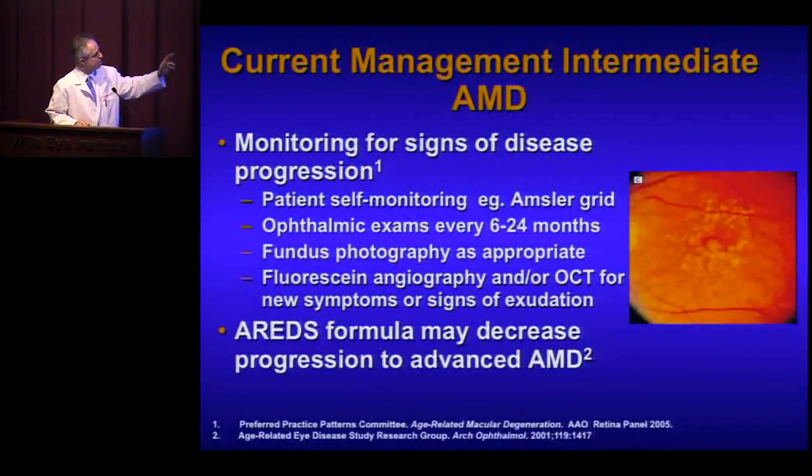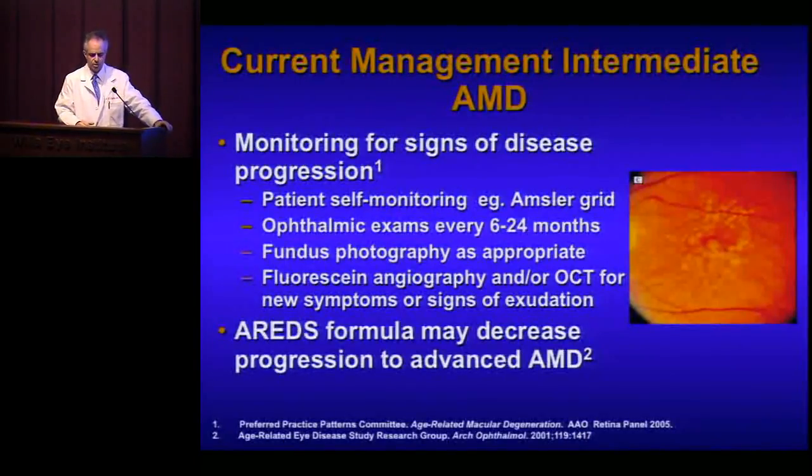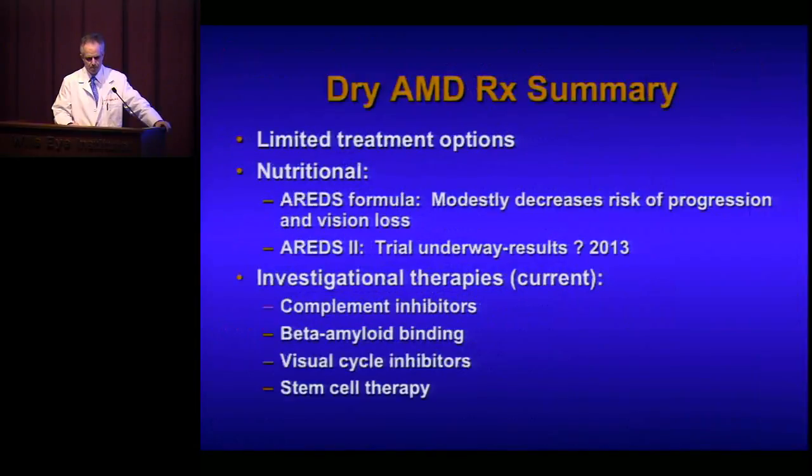But these patients need to be monitoring their own vision at home with an Amsler grid, and they should be checked, I would say, at least every 6 months. And any signs of a change, such as a blood spot, a lipid spot, anything you see or anything the patient reports should be worked up with an OCT and or fluorescein angiogram for detection of early wet AMD.